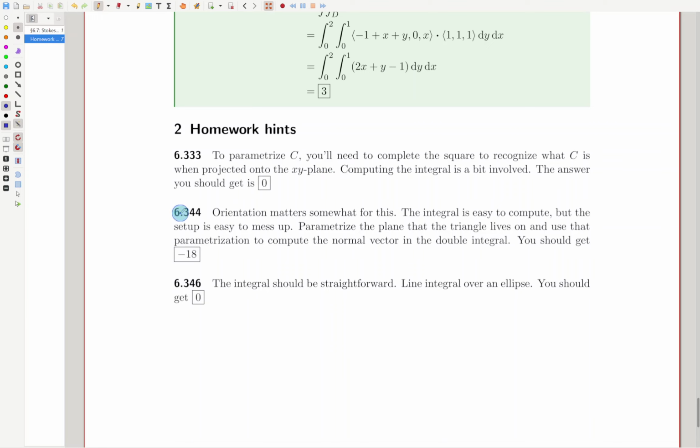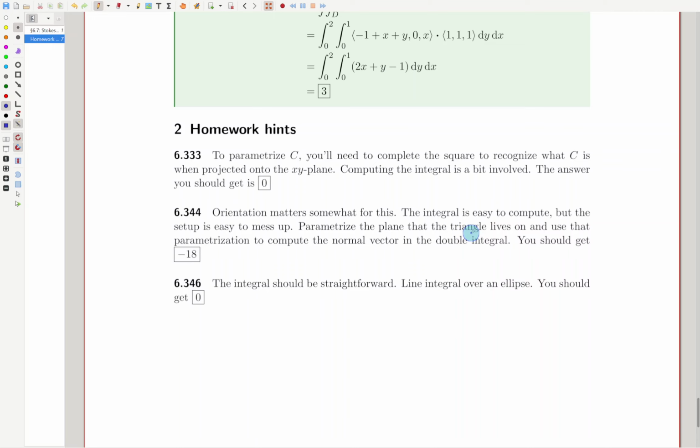With this one, it was a little bit finicky to set up the integral correctly. I was missing something for a bit of the time, and then I finally figured out what it was. You're told to compute a line integral over a triangle. By using Stokes, you end up re-expressing that as computing a double integral over a triangle.